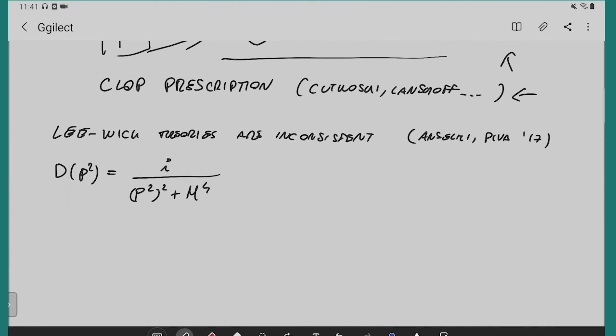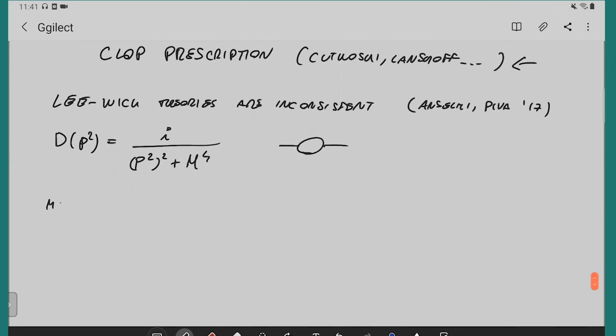I just don't add the other part. This is a theory with 4 poles that come in complex conjugated pairs. So let's say that this is the propagator of your theory. If you want to compute, for example, a 1 loop diagram, suppose you have a phi cubed interaction.